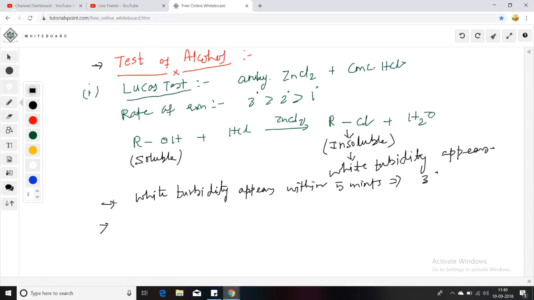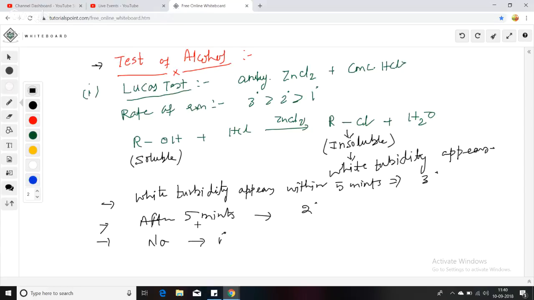If the white turbidity appears after 5 minutes, then it is secondary. If no turbidity is there, then it is primary, 1 degree.